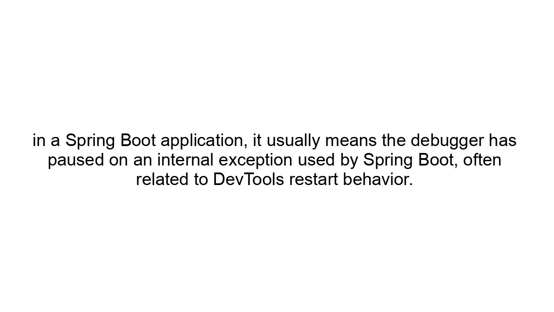Final summary: when Eclipse stops at throw new SilentExitException in a Spring Boot application, it usually means the debugger has paused on an internal exception used by Spring Boot, often related to DevTools restart behavior. In many cases, this is not a real application failure.